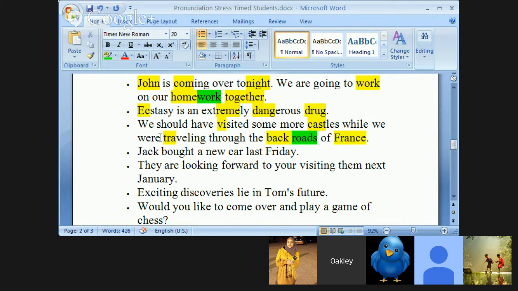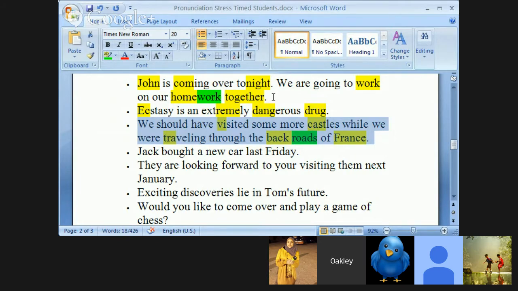In any case, the third sentence is a little bit longer than the second one, but not by much. And the first sentence, even though it seems to be shorter than the third one, is actually longer when we speak it. It has more highlighted parts, more content words, and so it's going to take longer to say.